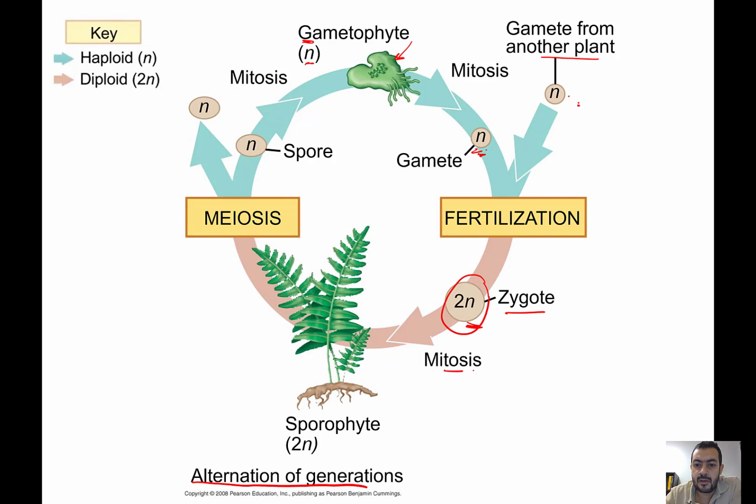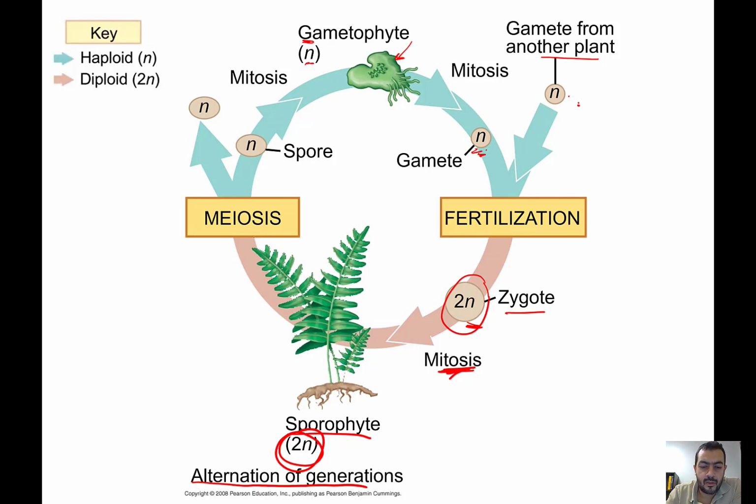What will happen by mitosis, which is multiplication of the cells, this cell of the zygote will multiply and multiply and multiply, so we end up with a multicellular structure. And if you remember, mitosis maintains the number of chromosomes, so the sporophyte will also be a diploid structure of 2n.